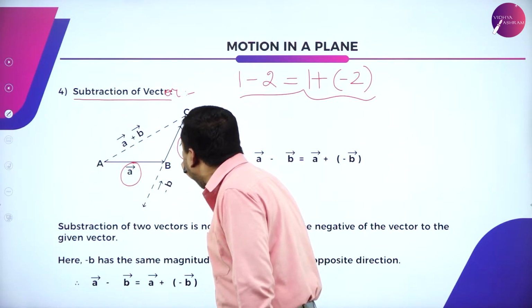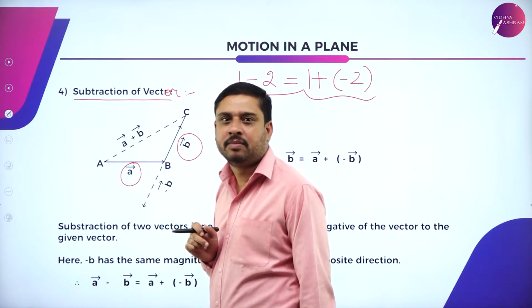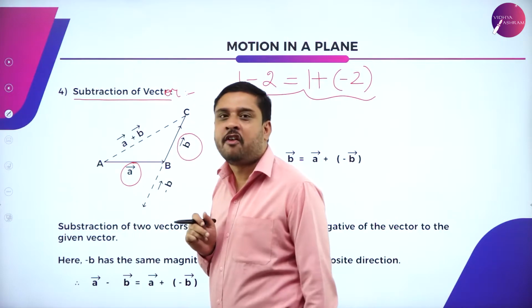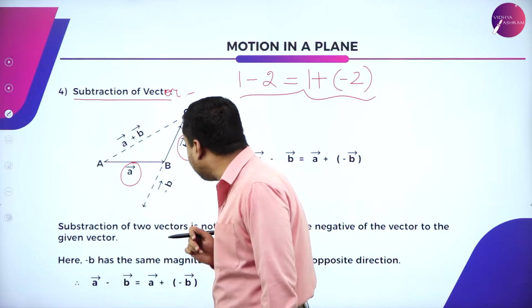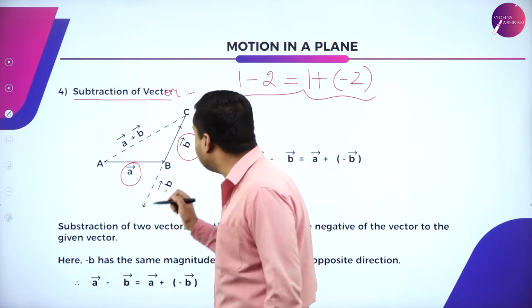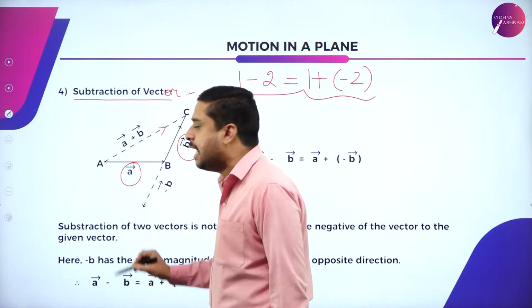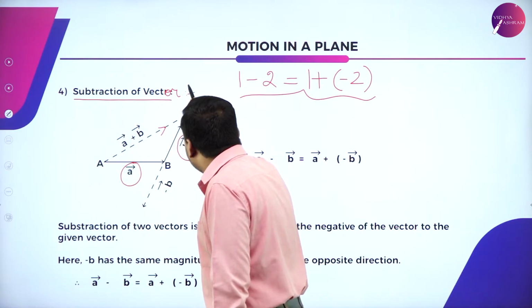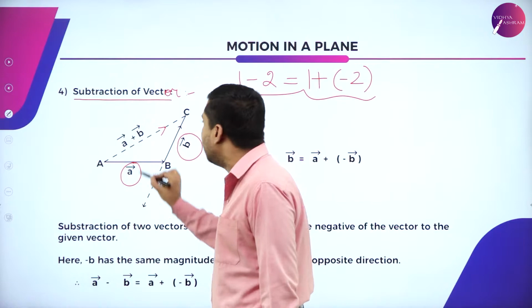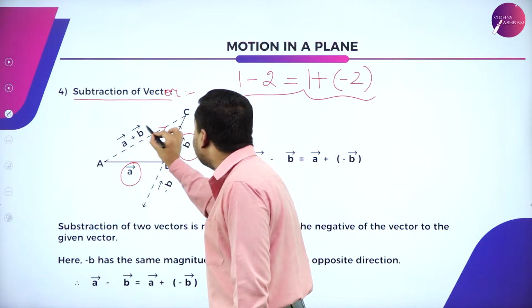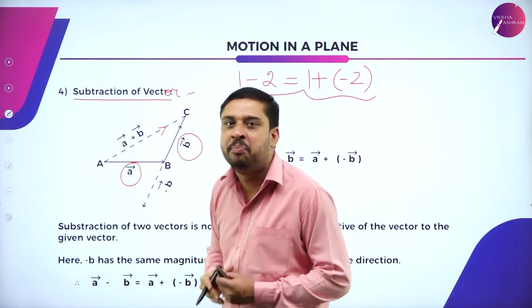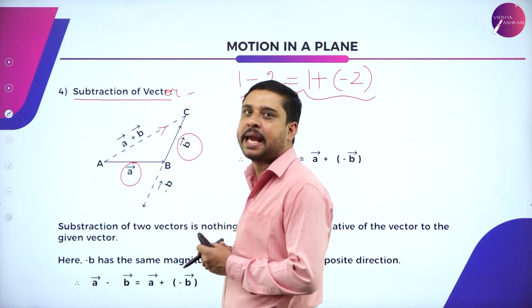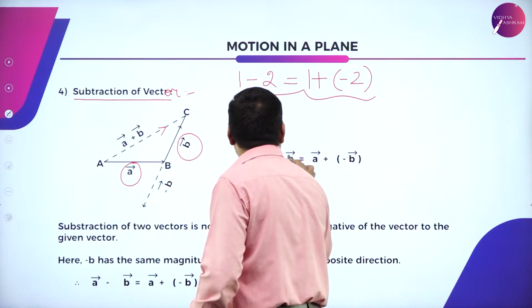Suppose I have to add vector A and B. Find the resultant of vector A and B. We use the triangle law. Head of A is joined to the tail of B, and the third side is giving me the sum, which is vector A plus vector B.